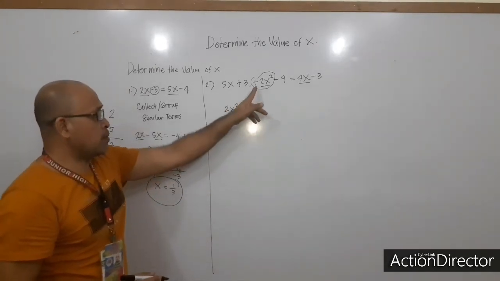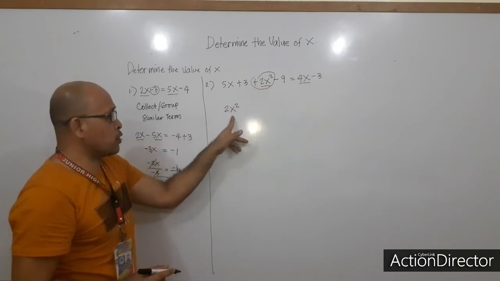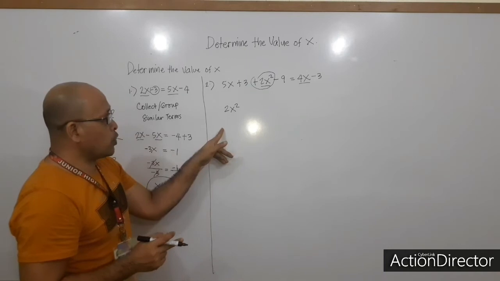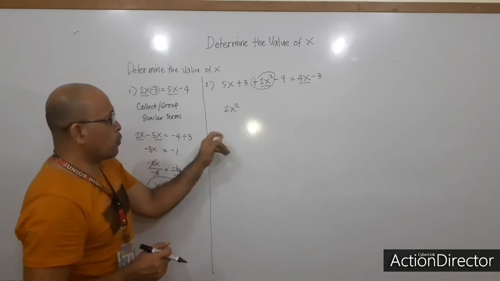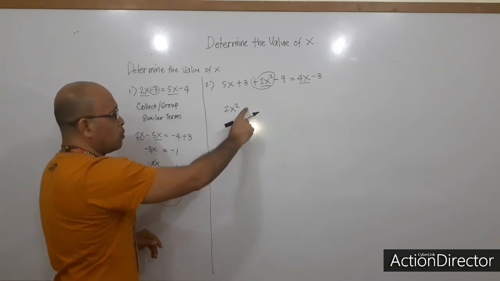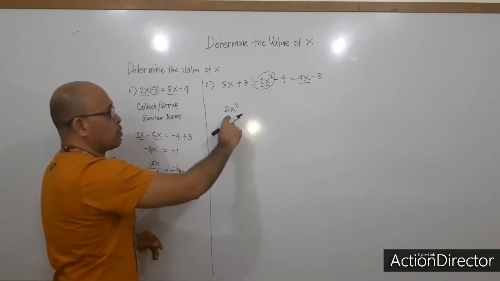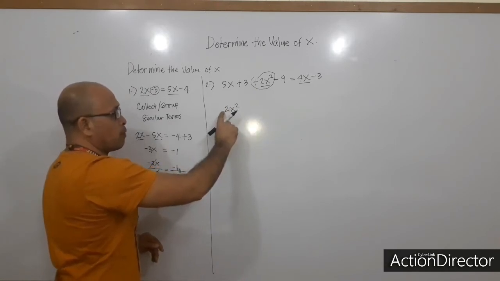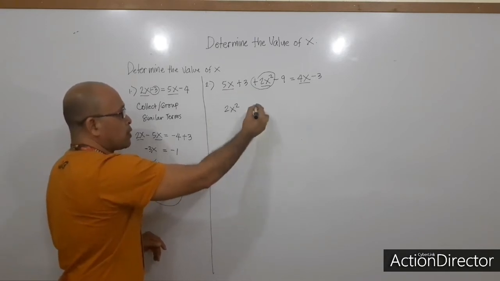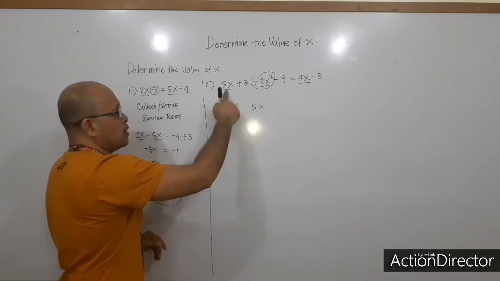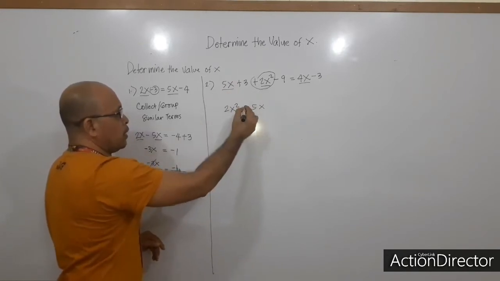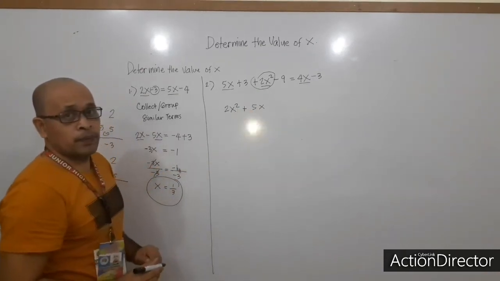Since 2x squared is the first expression when you arrange the given terms in an equation, the plus sign here will automatically be removed, considering it as positive. And then you may continue with 5x. Since this one is on the same side, positive automatically, it will become plus.